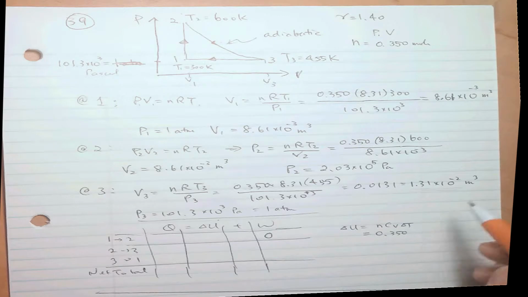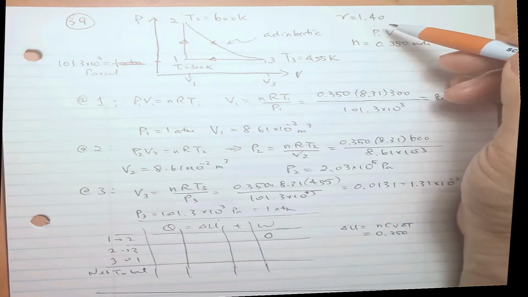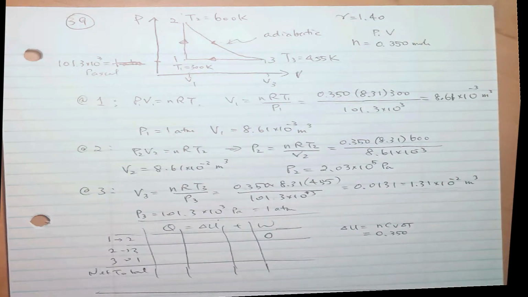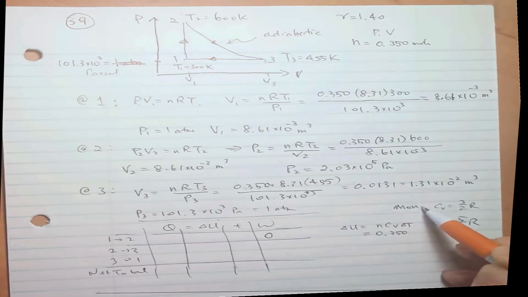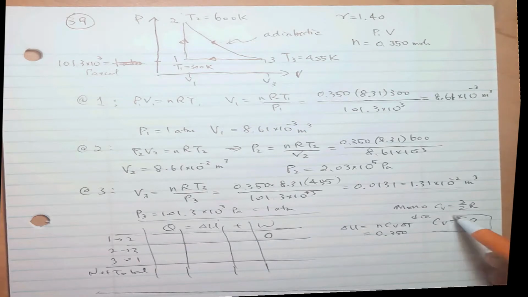Cv for a diatomic ideal gas, according to the table, normally they will give you what Cv and Cp and gamma will be, or at least what Cv is. For diatomic gas, Cv is 5/2 R. For monatomic, Cv is 3/2 R. This is diatomic, so we have to use this one.